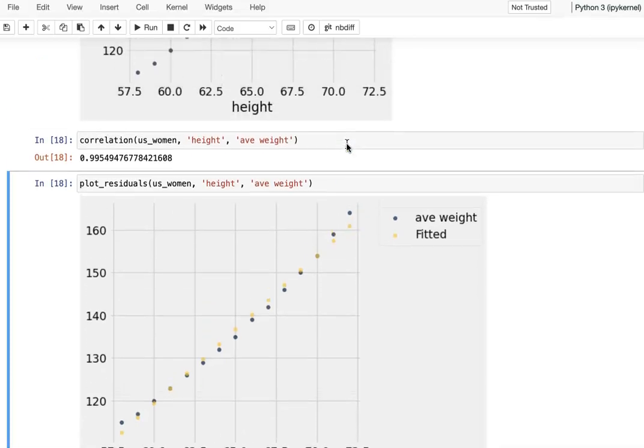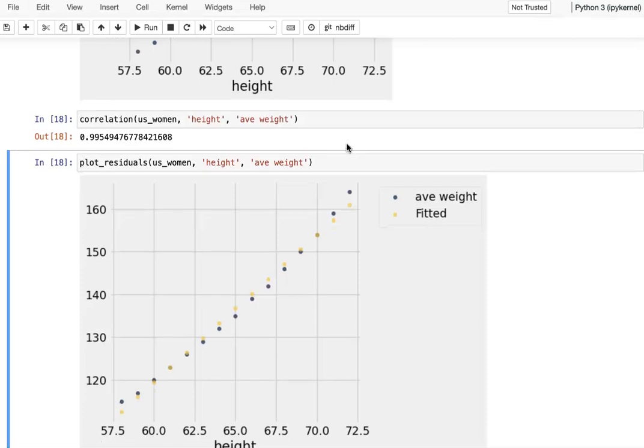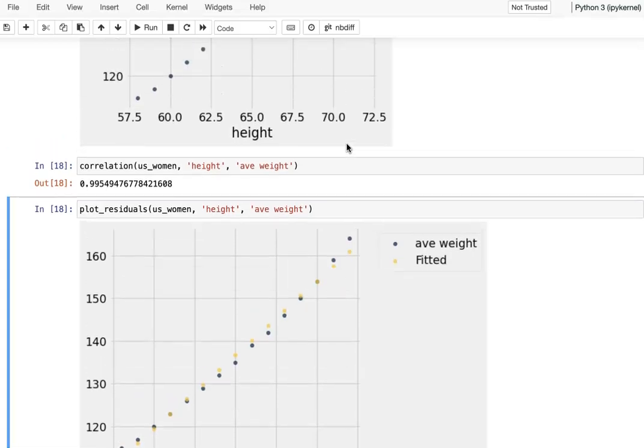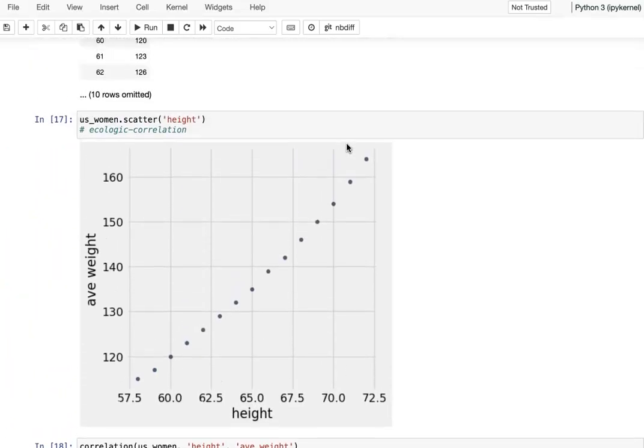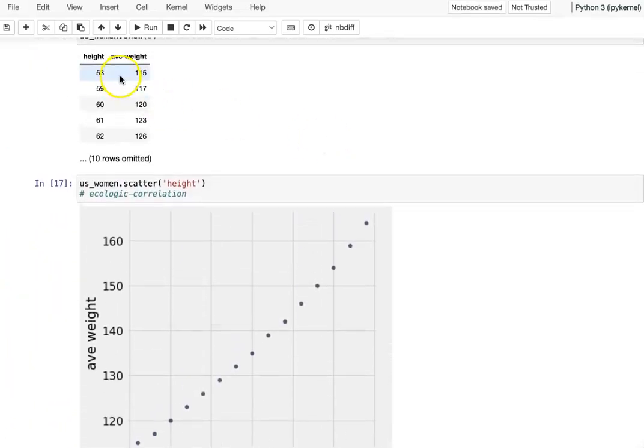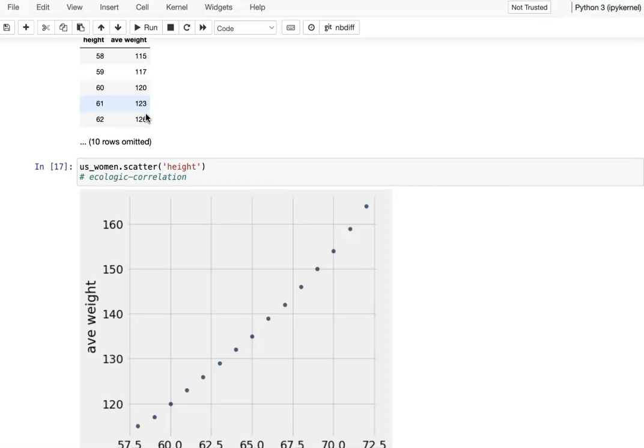This data doesn't have this variety because we already used the average. We just have all the heights together, then we find the average weight. That's why we cannot see the distribution of, for example, women living in different neighborhoods and what their height will be.